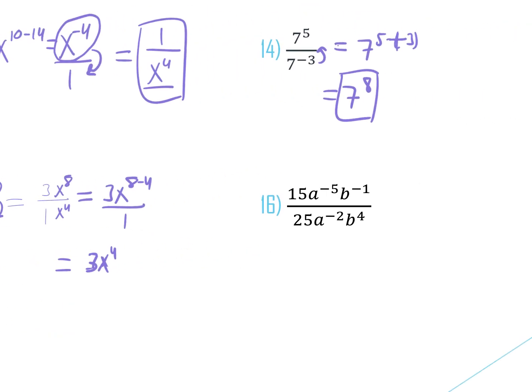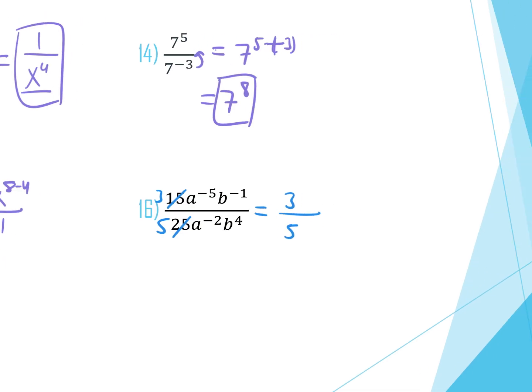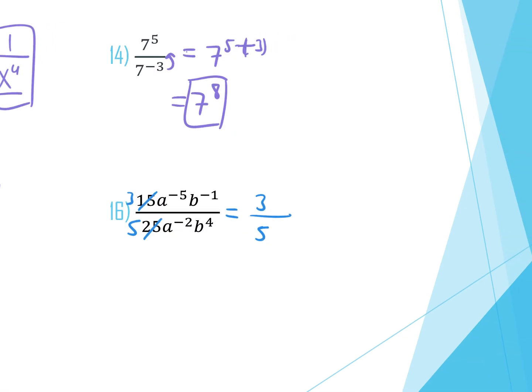All right. Now, if you look at 16, the same exact thing, right? I can do 15 and 25, divide them both by 5, I get 3 over 5. And then again, you can either make those negative exponents a positive, or you can just use your division rule. I'm just going to use the division rule.